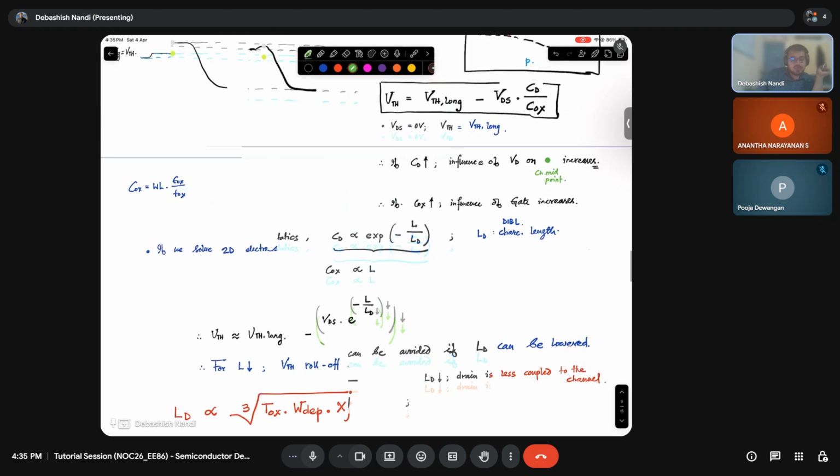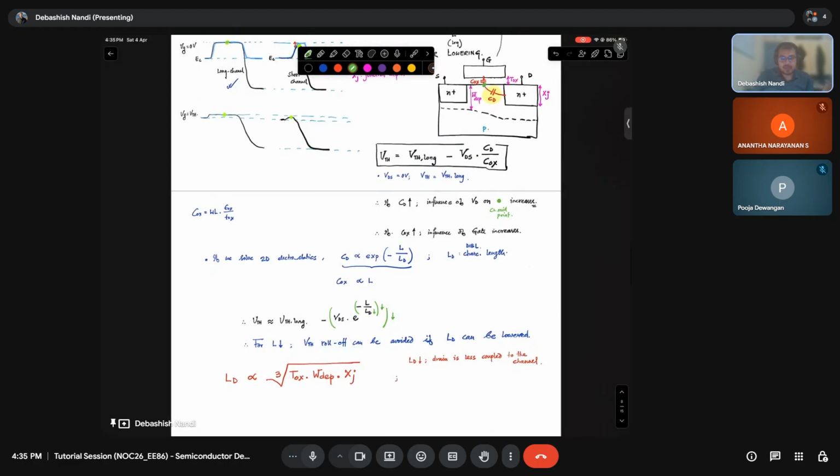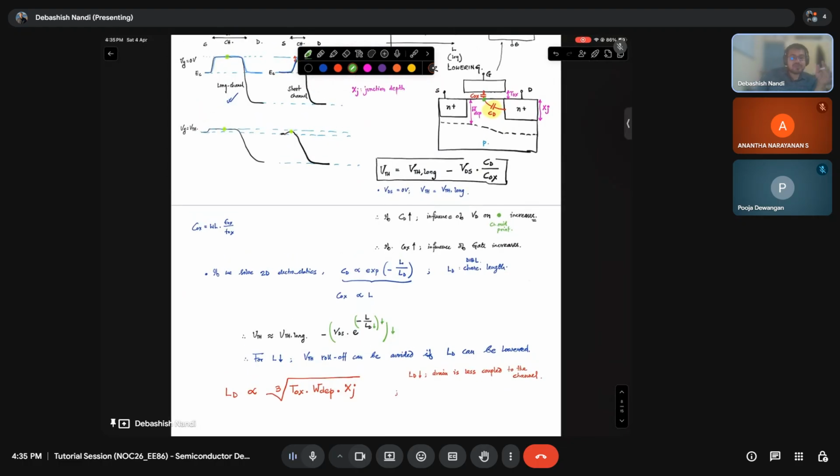So now from this diagram, does it make sense? If Tox reduces, I know that my gate control will increase, that you have only told me. So this satisfies. What about W depletion? How come W depletion helps? If W depletion lowers, then my gate control increases. How will that happen?